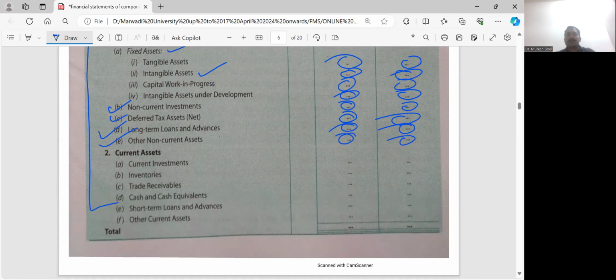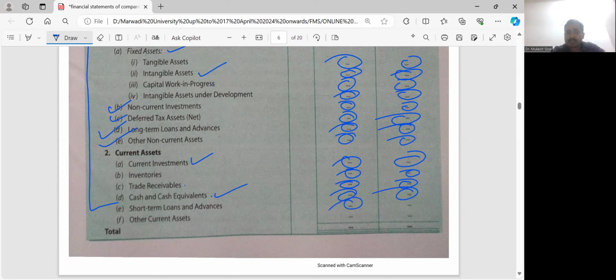Now current assets. Current assets are those assets which convert into cash within a year, like current investments, or you can say short-term investments. Inventories means stock. Trade receivables, debtors plus BR. Cash or cash equivalents. Marketable securities are included in cash equivalents also.